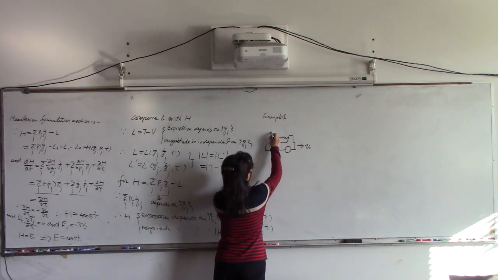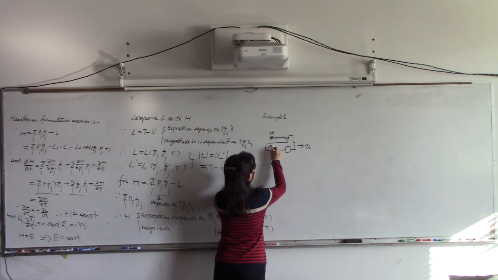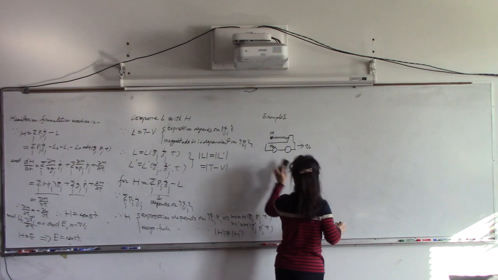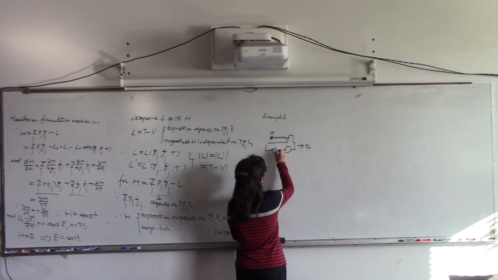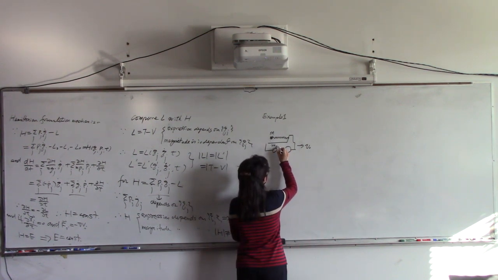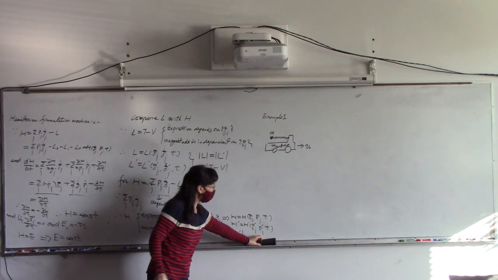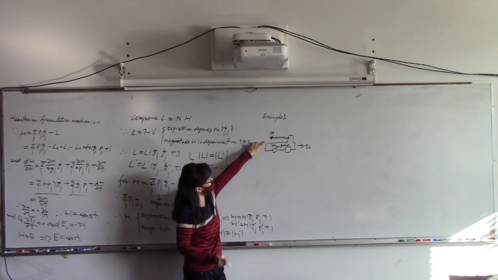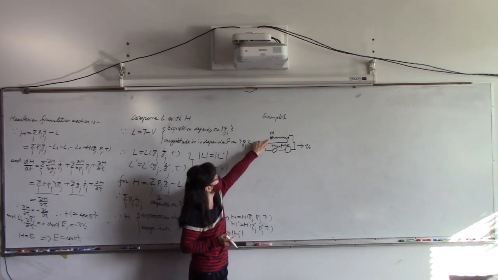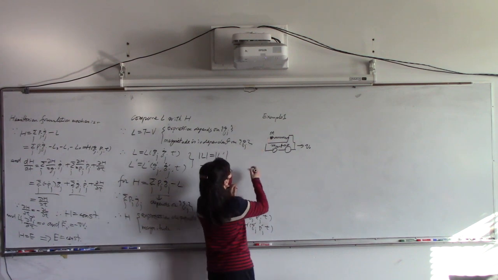The cart is massless, and the friction of the cart is 0. So now we are asked to find the equation of motion of this mass, the particle here, and give the solution. So how to do that?